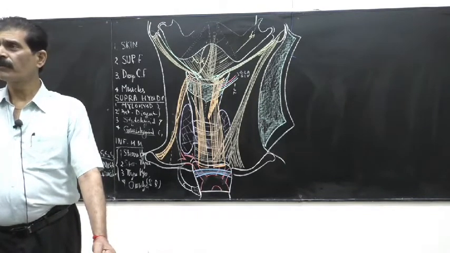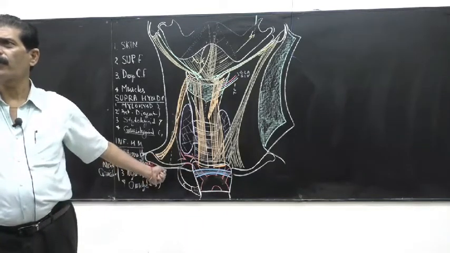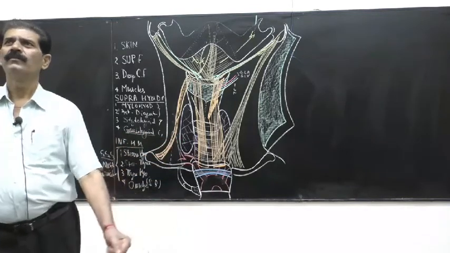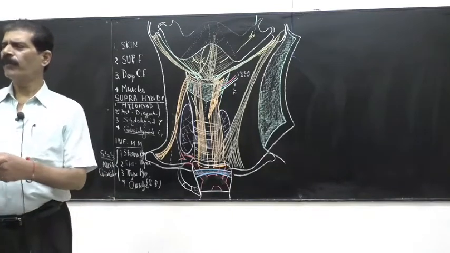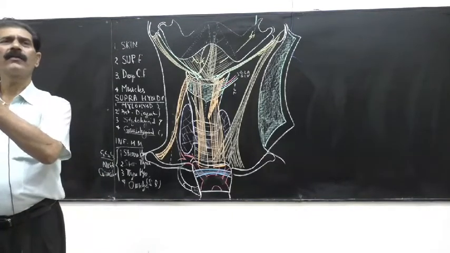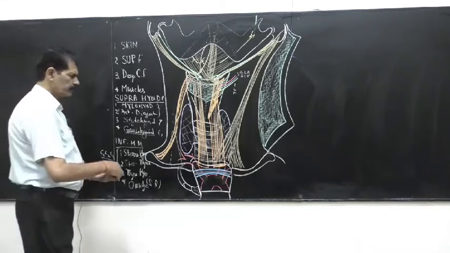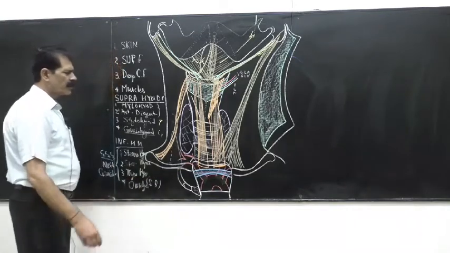Because the superior vena cava forms on the right side by the union of the right and left brachiocephalic veins, the left brachiocephalic has to come to the right side. So they all lie in front of the three branches of the arch of the aorta, horizontally. So these are the branches.